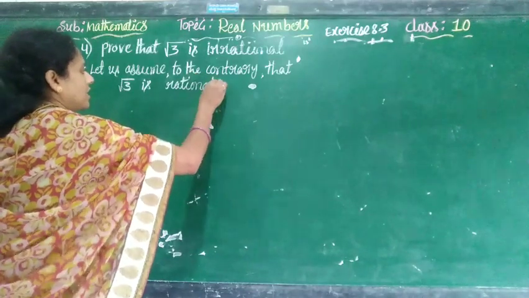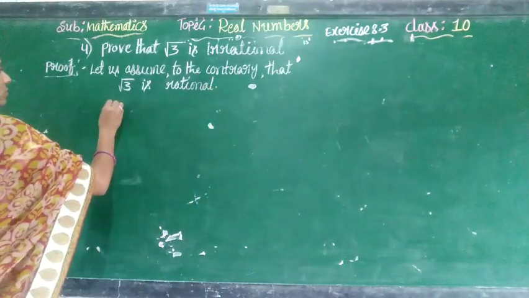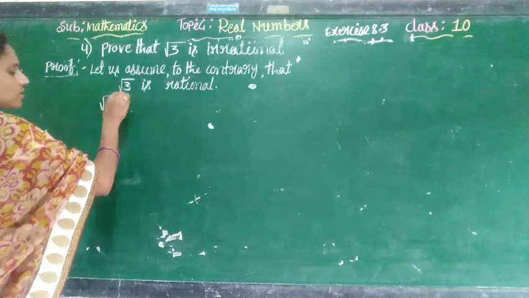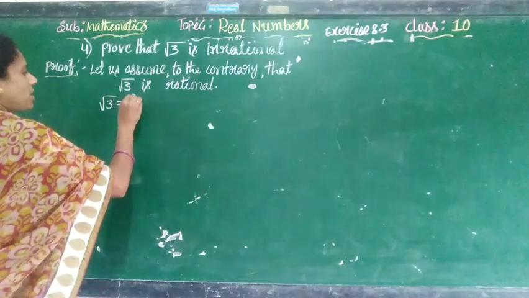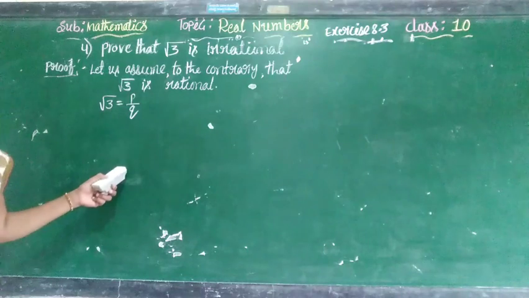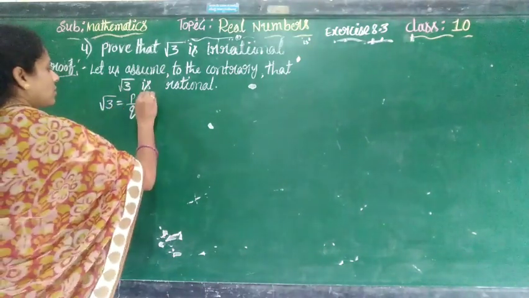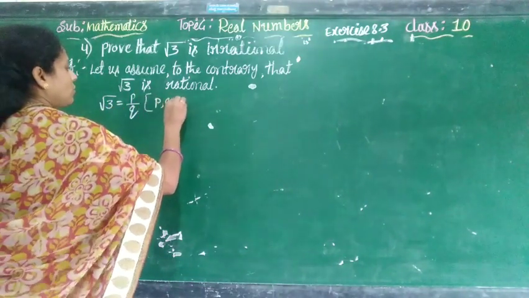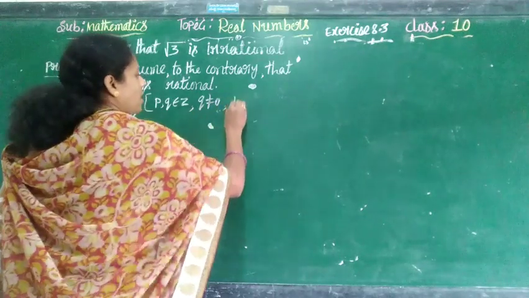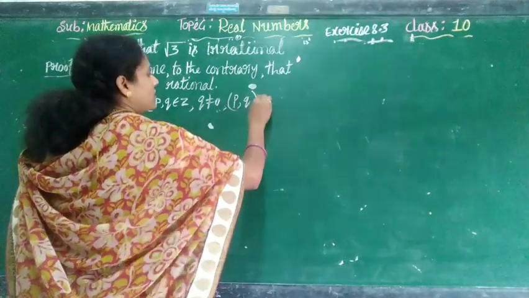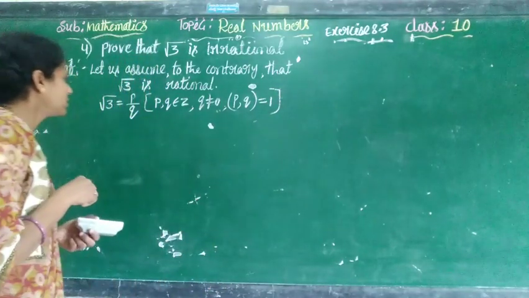Now, root 3 is equal to p by q, where p, q belong to Z, q is not equal to 0 and gcd(p, q) is equal to 1.